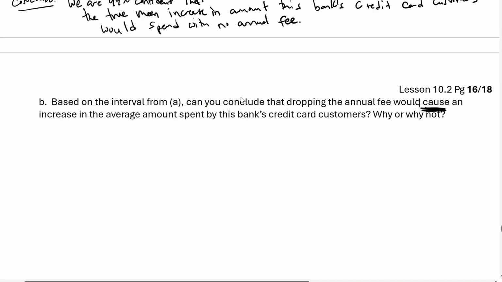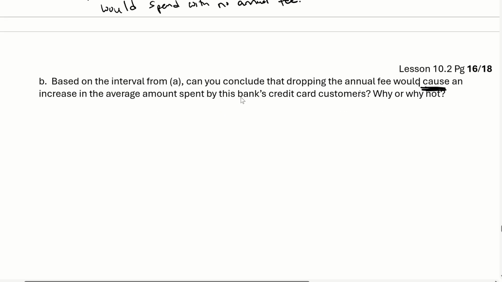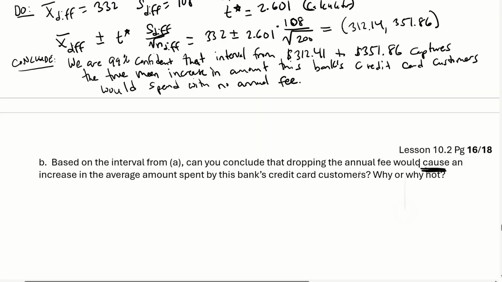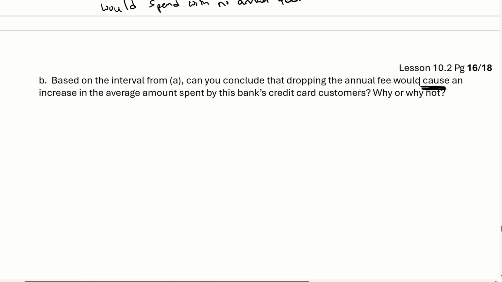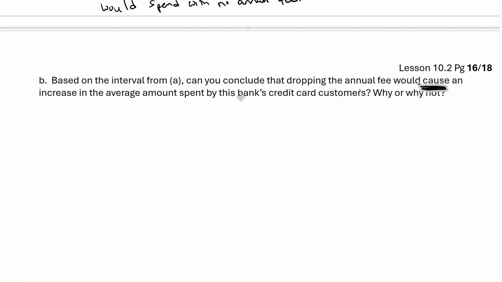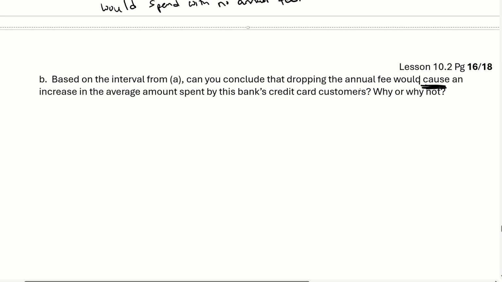So in this case, the control group would be what the difference would look like if they didn't omit the annual credit card fee at all. We won't be able to compare unless we know what happens without the annual fee.